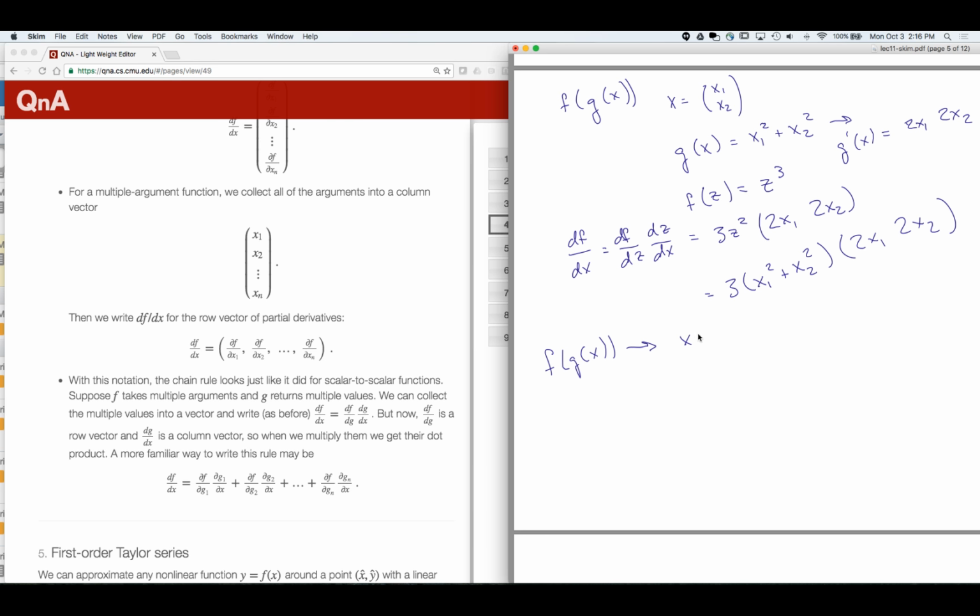x is a scalar, g of x is the vector cos x, sine x, and f of z is equal to z1 squared plus z2 squared, right? So this one's going to be, I think, a better example.